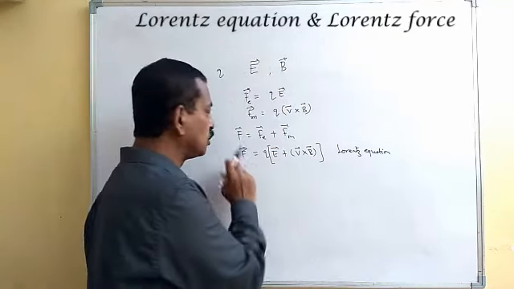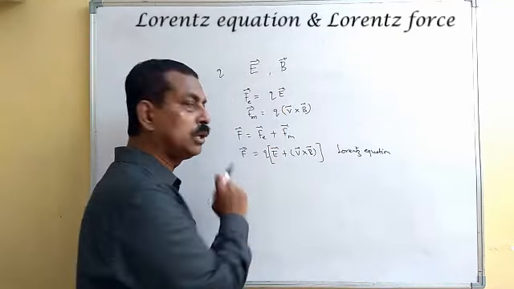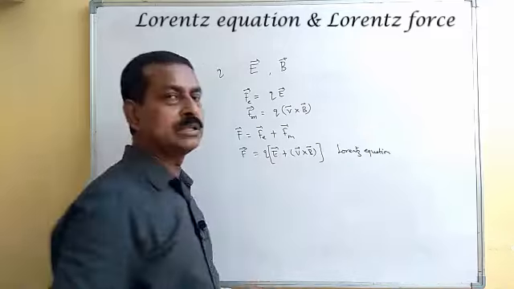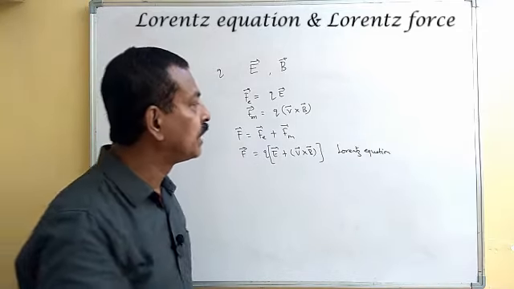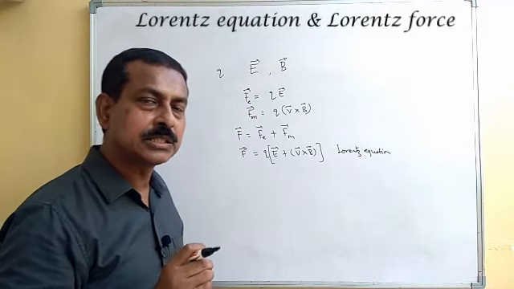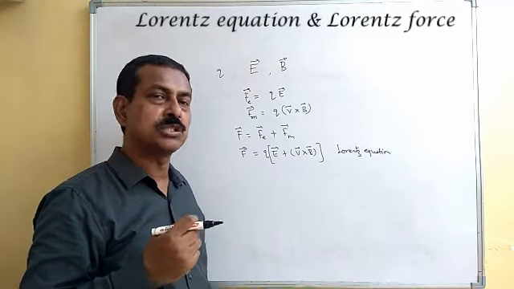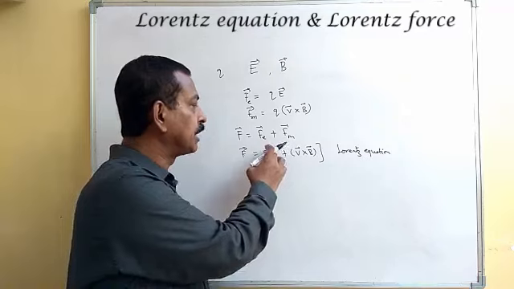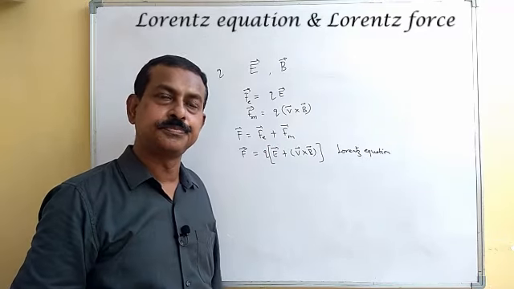The force is also called the Lorentz force. If only this term, QV cross B, is there, that is the Lorentz magnetic force. And this is the general Lorentz equation for the charge which is experiencing force in the region of electric and magnetic field both.